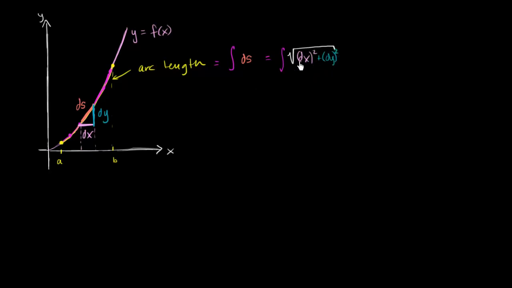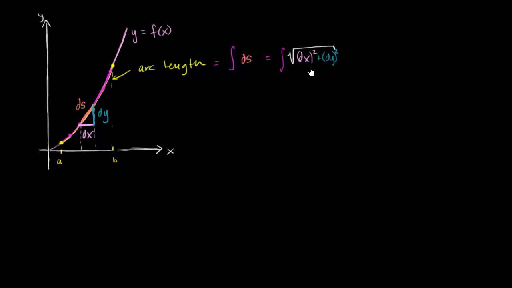Once again, this is straight out of the Pythagorean theorem. Now this is starting to get interesting. I've written it in terms of dx's and dy's, but they're getting squared, they're under a radical sign. What can I do to simplify this, or to at least write it in a way that I know how to integrate?